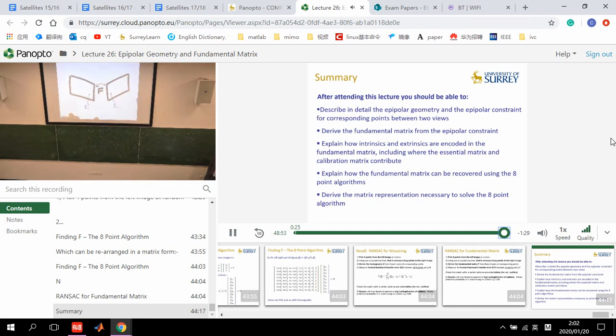If you don't enforce the rank constraint, your epipolar lines and the epipoles will not coincide. But if you're seeing 3 views, the trifocal tensor is what you use.